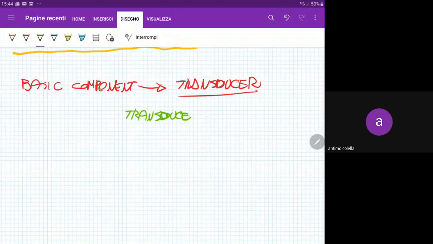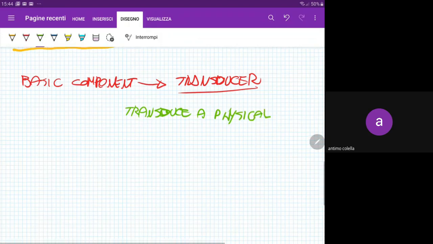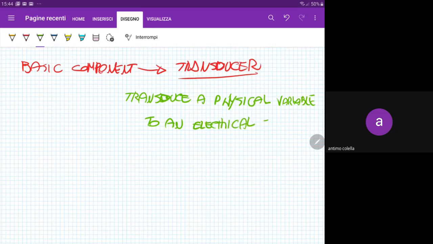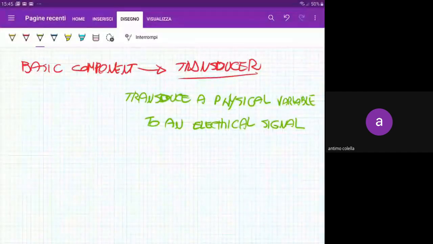So the transducer transduces a physical variable to an electrical signal. And this electrical signal is feeding your data acquisition system.